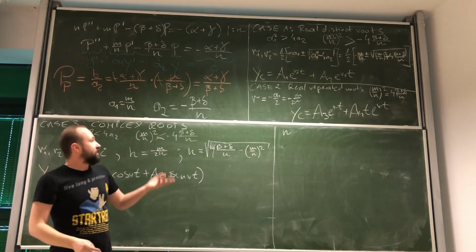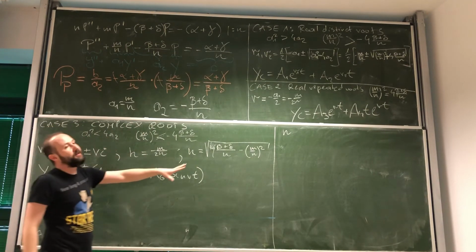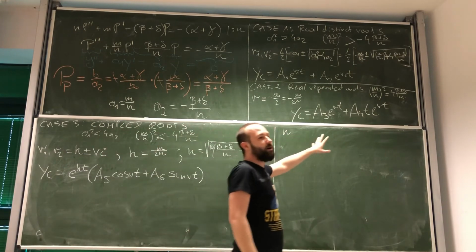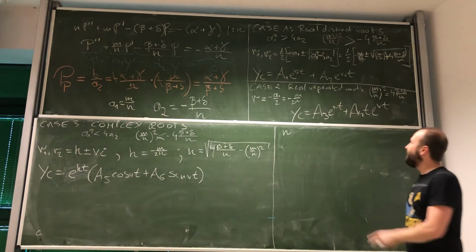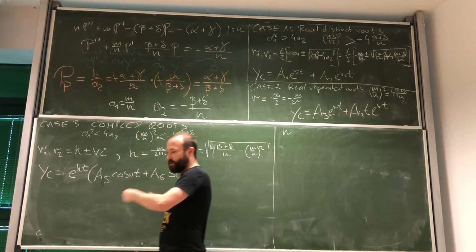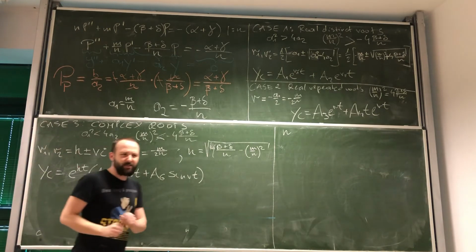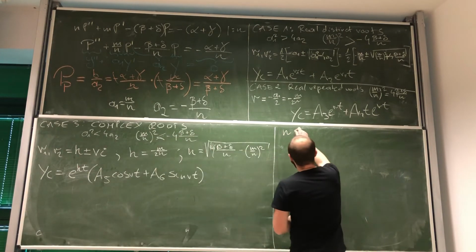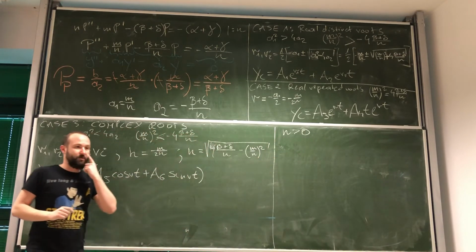This parameter is not telling us about the expectation of whether something is going up or down, but rather whether it's going to increase faster and faster or slower and slower. Now let's consider different cases. Let's start with n being bigger than 0.